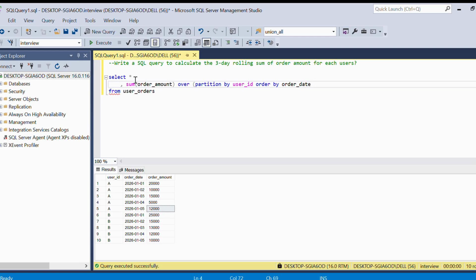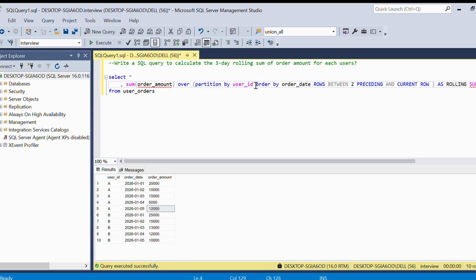For the rolling sum, we need to define how the rows will be calculated. For that, we write rows between 2 preceding and current row. With this, we can calculate the current row plus the last 2 rows sum, and that sum we are calling rolling sum, as rolling sum.